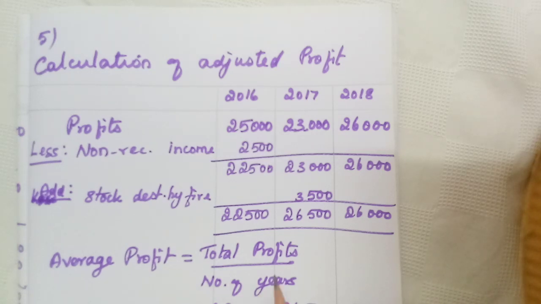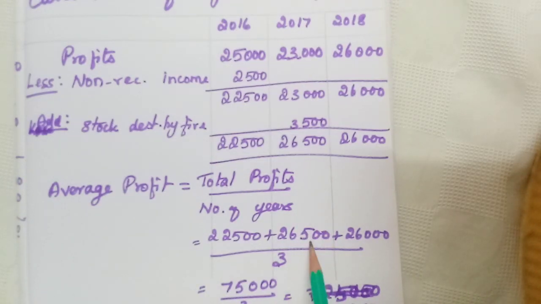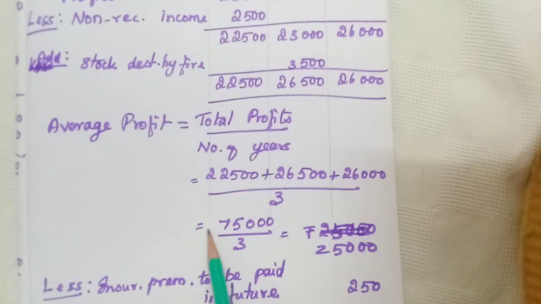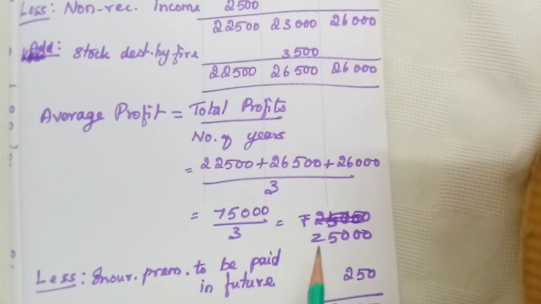Now we will get the average profit. Total profit divided by number of years. Add 22,500 plus 26,500 plus 26,000 divided by 3. We will get 75,000. 75,000 divided by 3, how much? 25,000. Now from this amount, in future we need to pay what? Insurance premium, how much? 250. That must be deducted.